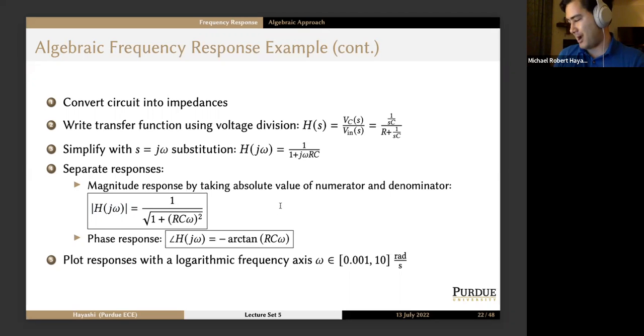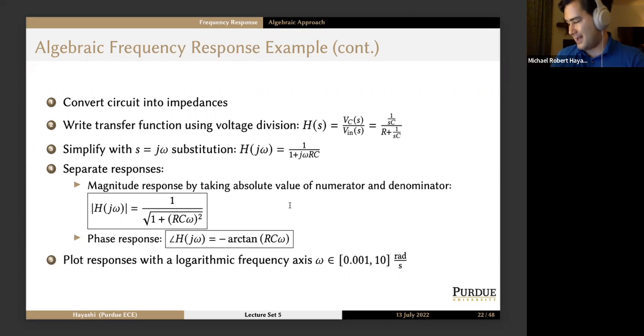Now we're going to make an approximation and say that RC omega squared is much greater than 1. So we can further simplify this down to negative 10 log 10 of RC omega squared in decibels. But again, the log of something to a power just brings that out front.